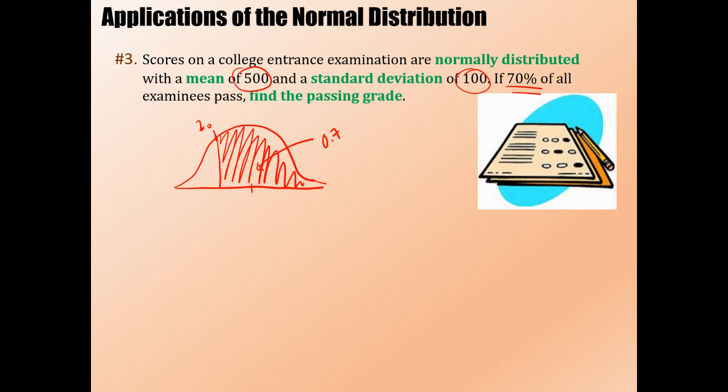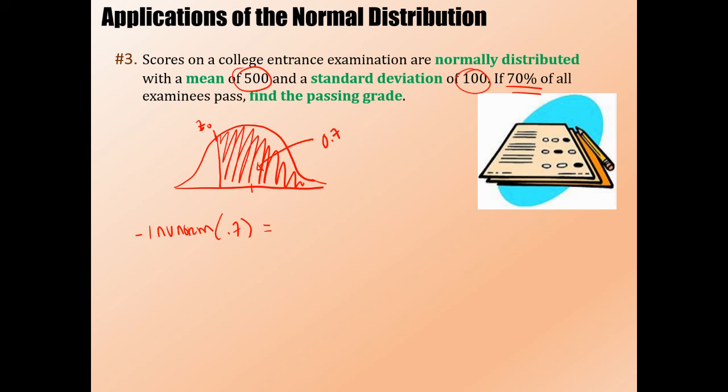So I'm trying to figure out what this score is. There are a few different ways I could do this, as was true with the other ones. I'm going to find the z-score, using the inverse norm of 0.7. I need to remember that this would be left-tailed, so I want it to be negative.